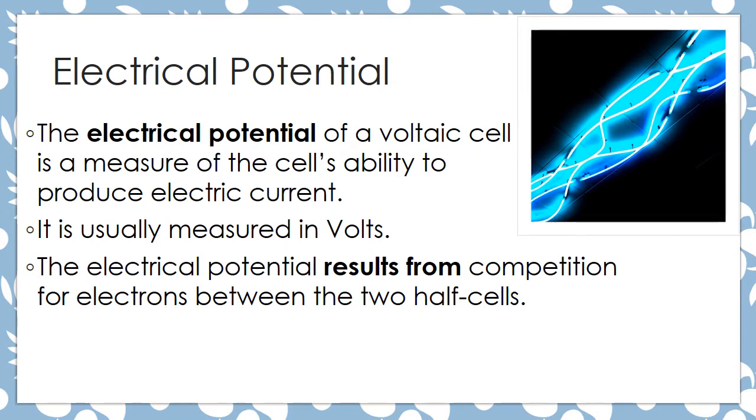And the way we measure electrical potential, and we talk a lot about this in physics, is volts. The electrical potential results from that electron motion. How strong the competition is between the atoms, or how easily the electrons can flow, and how many electrons are poised to do that transfer is what the electrical potential basically is.